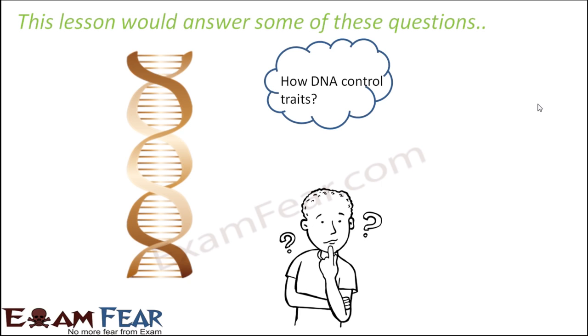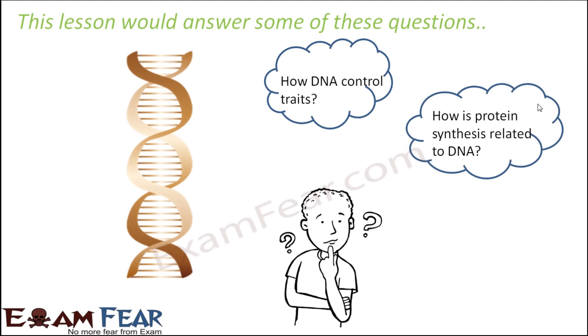When we say that DNA is a double-stranded structure present inside the nucleus of each of our cells, a common question is, how will DNA control the traits? Because it is present inside the cell, that is fine, but how will it control the color of our eye, the skin color, the type of ear and the type of eyes which we have? How is it going to control all the traits?